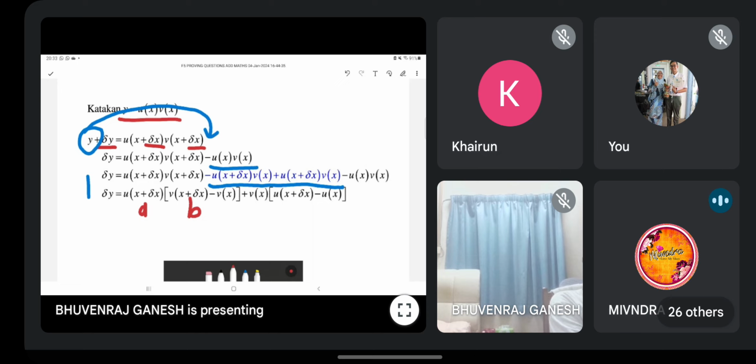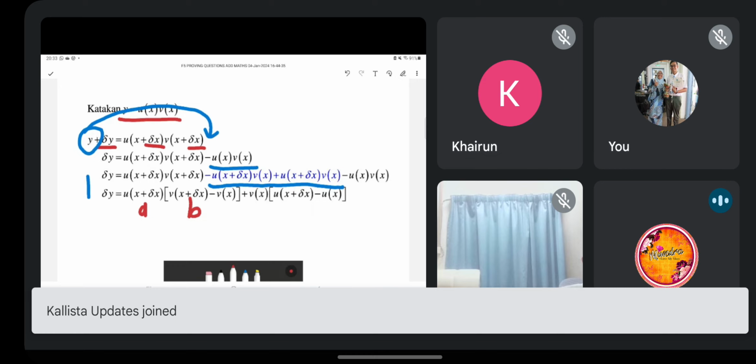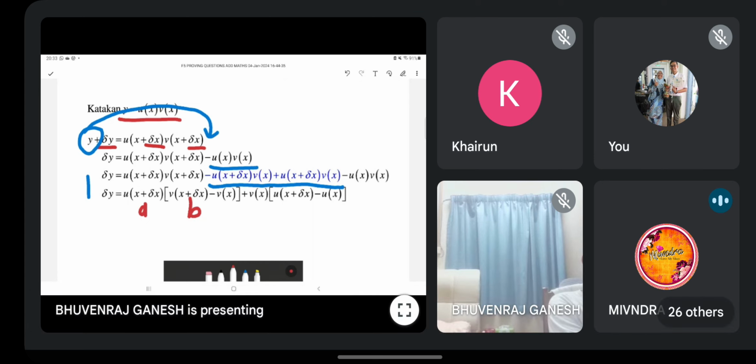Kalau kita nak bagi simple lah, sebab terlalu banyak kan, so kita ambil macam tu, AB minus AVX plus AVX minus UXVX. So kalau macam tu mungkin boleh nampak simple.